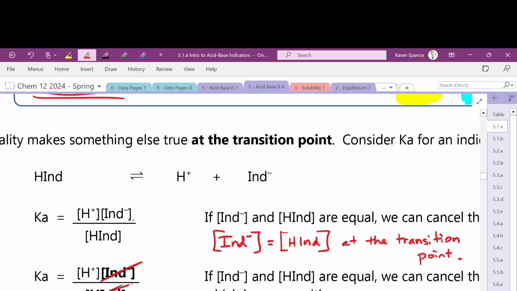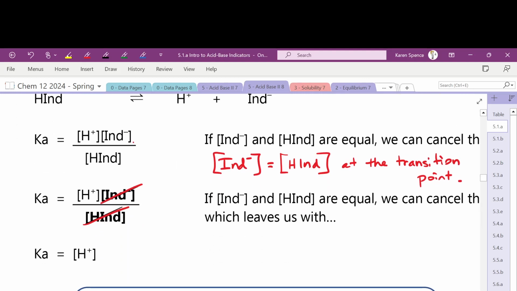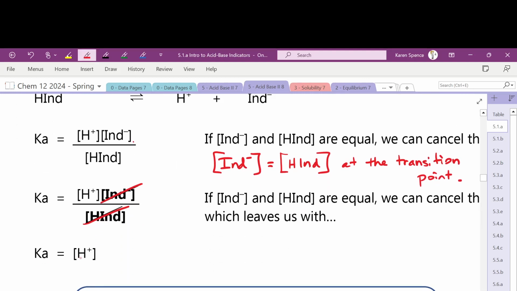Cancel them out. If one was 2 molar, the other would be 2 molar. Okay, they'll probably be a lot smaller than that, but that gives us the general idea. And then what are we left with? Ka is equal to H plus. So Ka of the indicator is equal to H plus at the transition point.